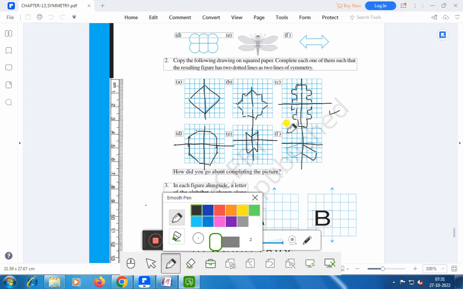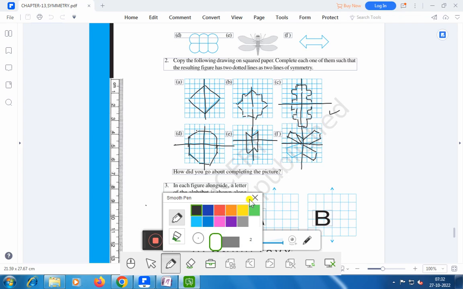It will be in this way. You will draw the figure on a paper, right? And it is like this. In this way you have to complete the figure in your paper, right?